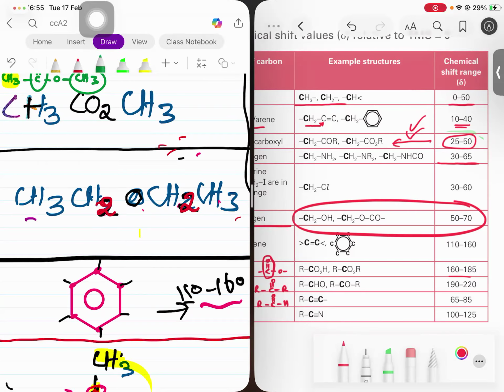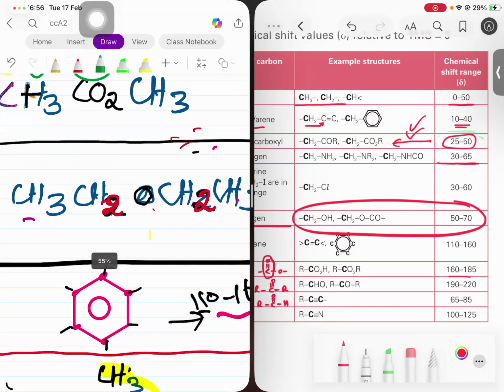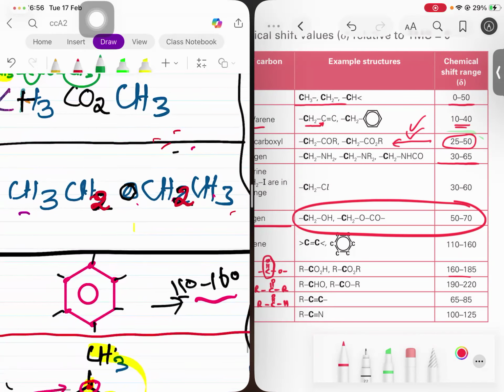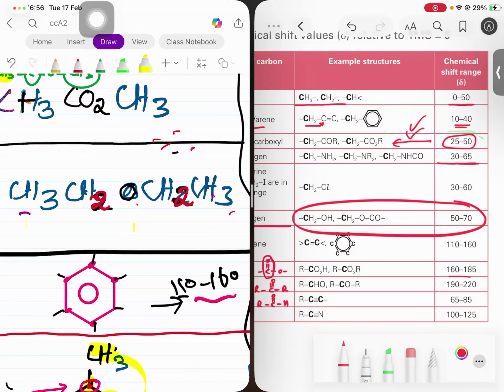Zoya, are you there? Yes, sir. How many peaks for this compound? 3 peaks. 2 peaks. I think you were right. Zoya, these 2 methyl groups contribute to 1 peak.